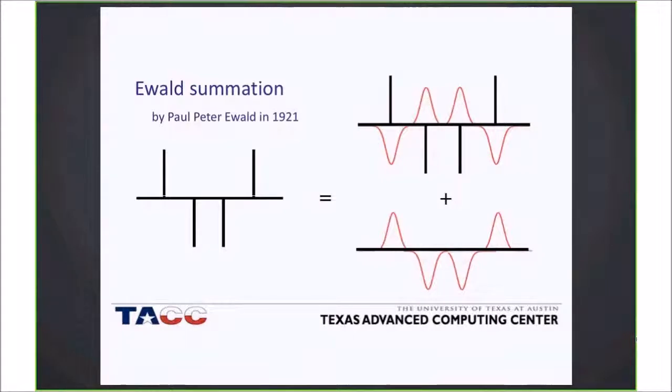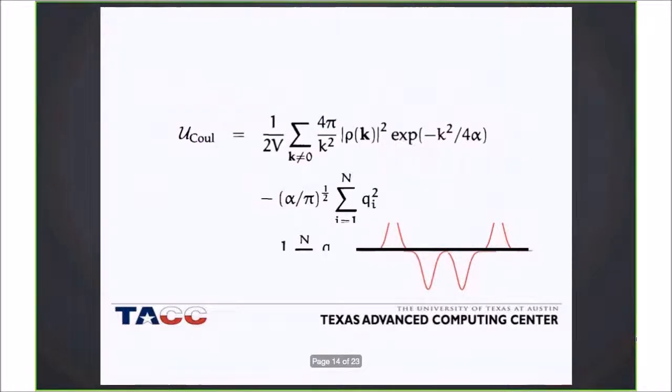The electric field generated by the left system is equivalent to the sum of the 2 systems shown on the right. The upper one is the short-range terms, and the sum quickly converges in real space. The lower one is the long-range terms. The sum can quickly converge in Fourier space.